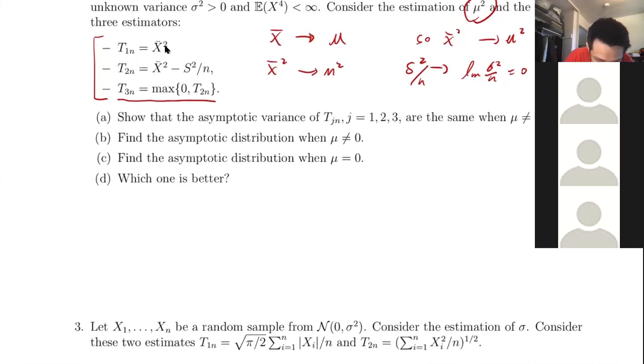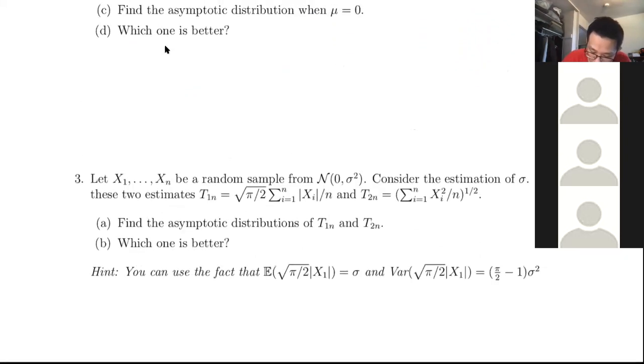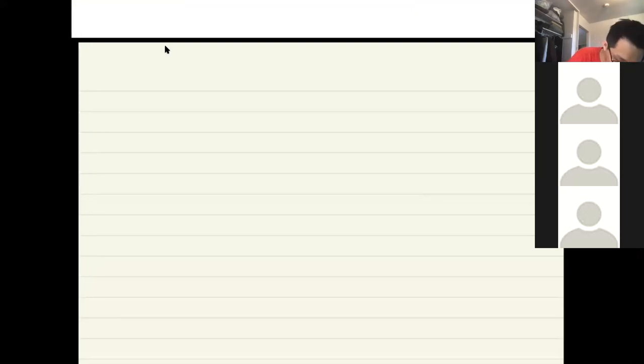And now we want to calculate the asymptotic variance. So we have this one, S bar.